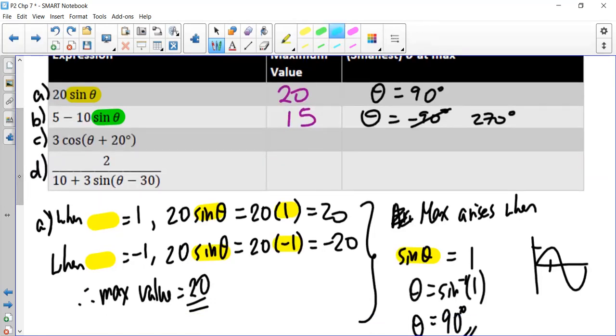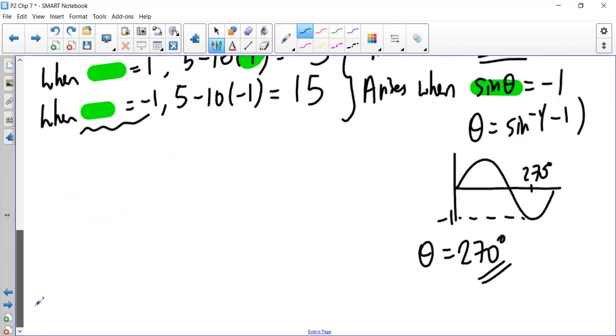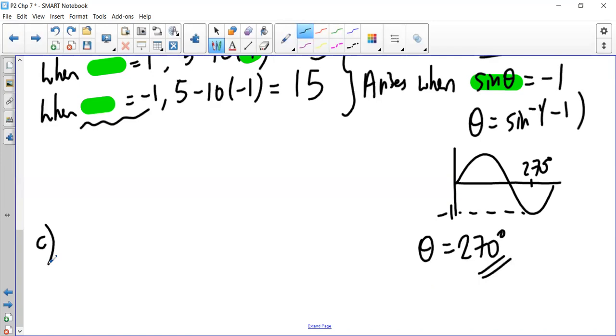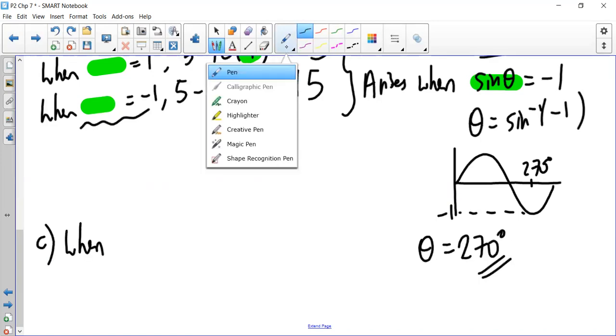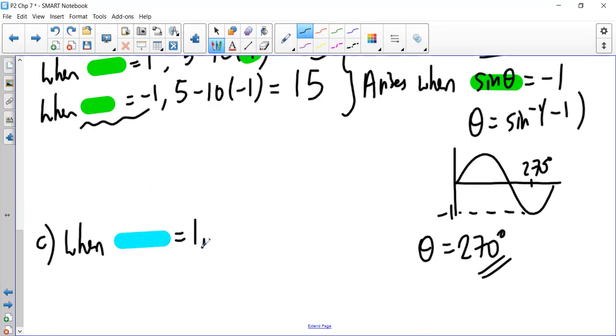Part C. The highlighted part this time is the cos in the bracket. Nothing to do with the coefficient, just the cos. So when the highlighted part equals 1, the question was 3 cos theta plus 20 degrees.